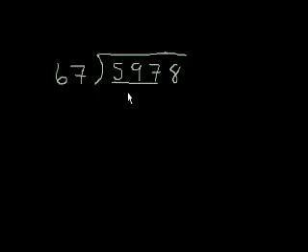So let's see. 67 is almost 70, and 597 is almost 600. So if it was 70 times 9 that is 630, right? Because 7 times 9 is 63. So I'm going to just eyeball approximate. I'm going to say that it goes into it 8 times.